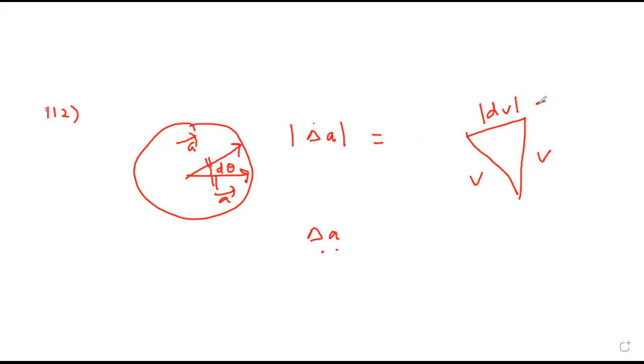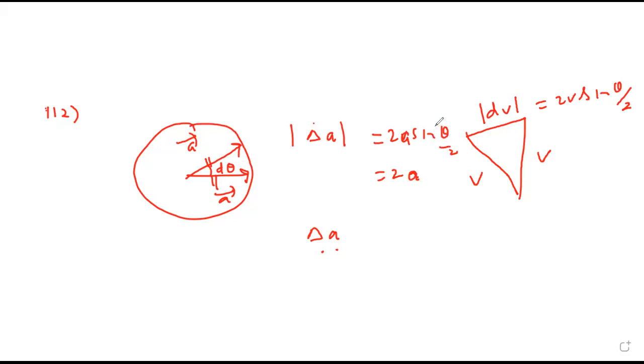We got the formula as 2V sine theta by 2. So 2V sine theta by 2 will be like 2A sine theta by 2.